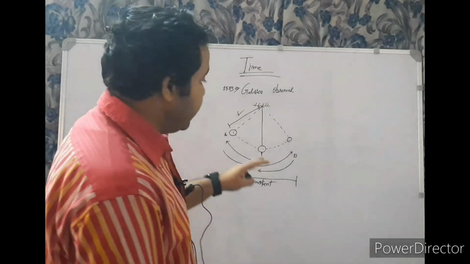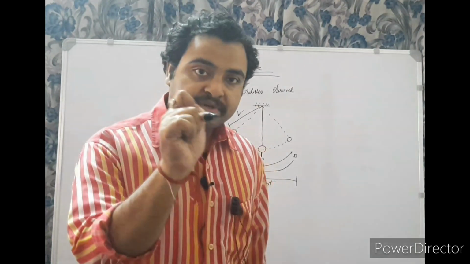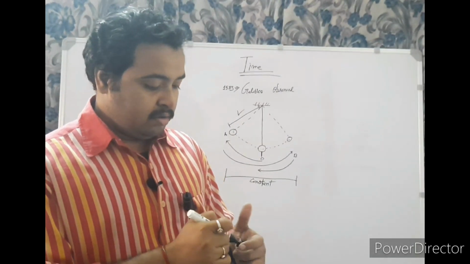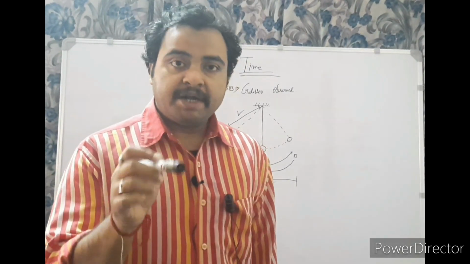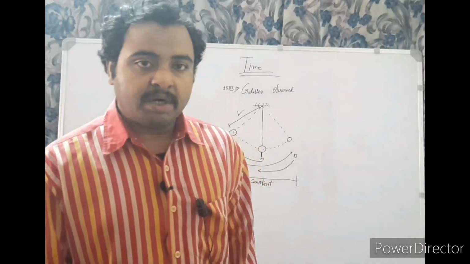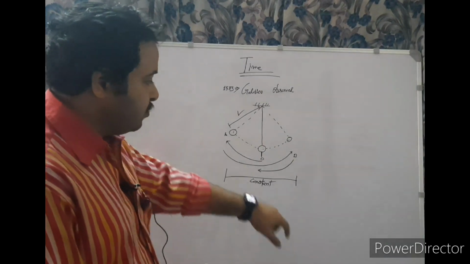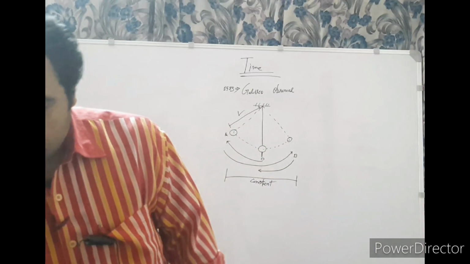It means that the time taken for a single oscillation for a particular pendulum having a constant length is always constant. So at first it was tried to make this constant time period 1 second, right?